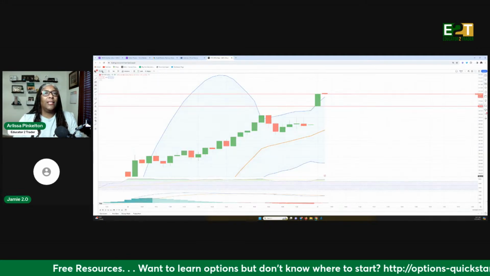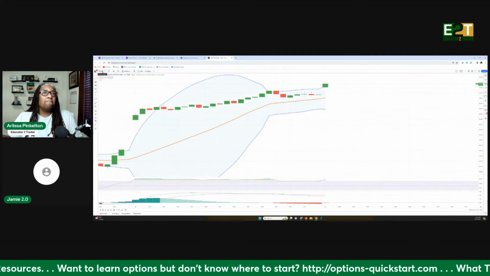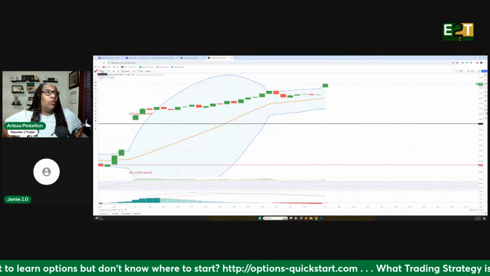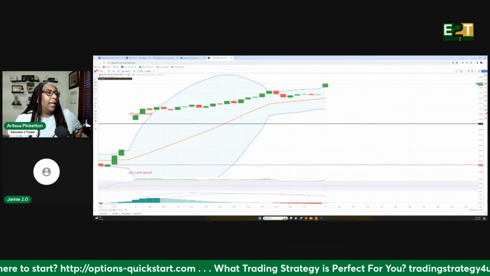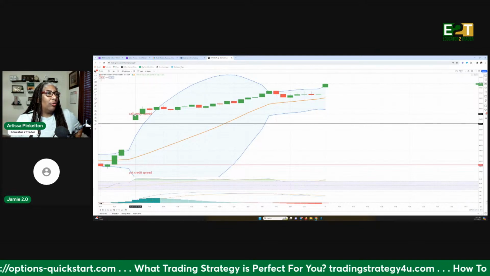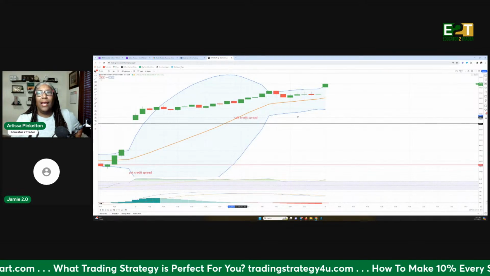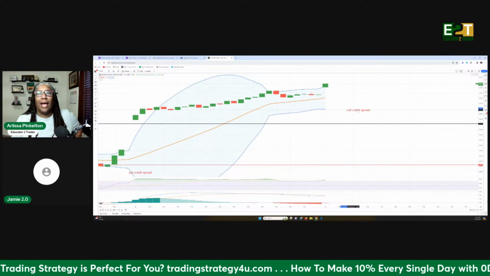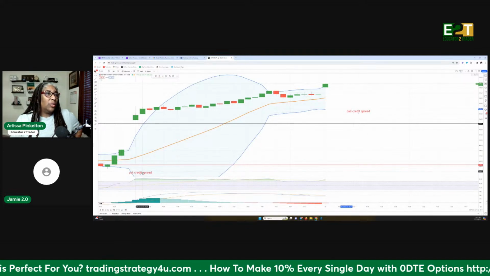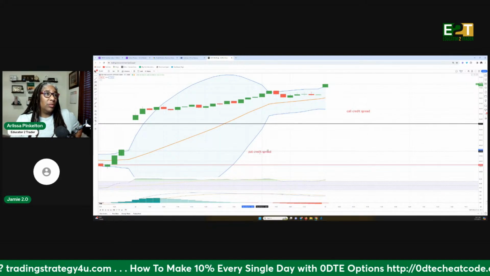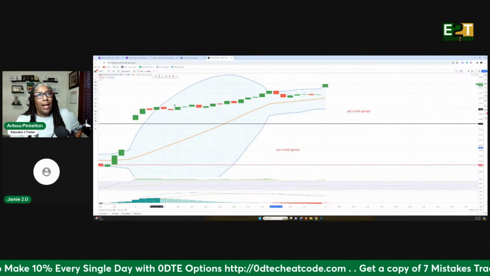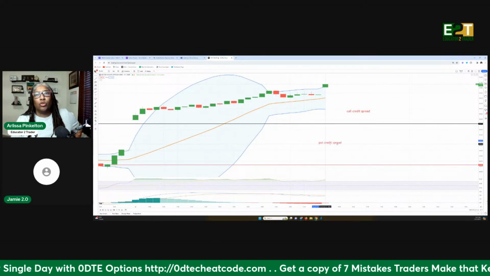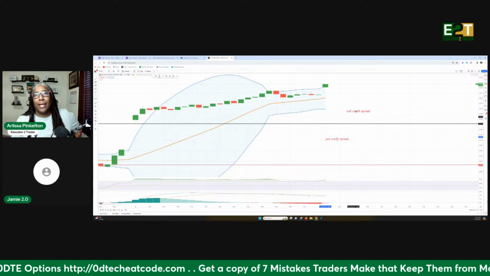Okay. XSP, zero DTE. Yesterday, I think I did this. I talked about a call credit spread beyond that line, and it jumped right on past that line yesterday, didn't it? If you had done a put credit spread yesterday, which is really what you should have done because the price broke out. Once it broke out going upwards, a put credit spread, we trade with the trend.